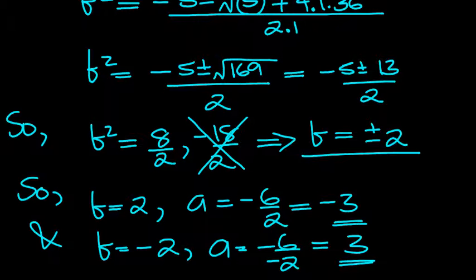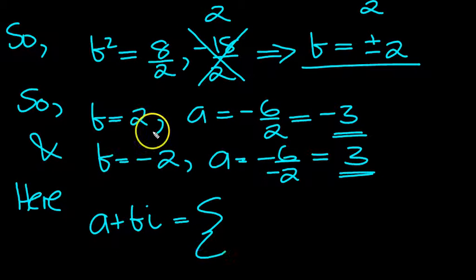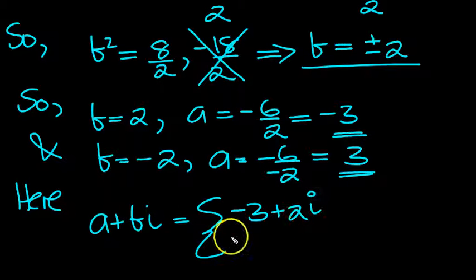So finally, a plus bi is equal to two possibilities. The first one would be minus 3 plus 2i, and the second one would be 3 minus 2i.